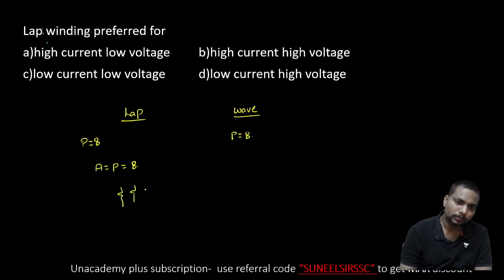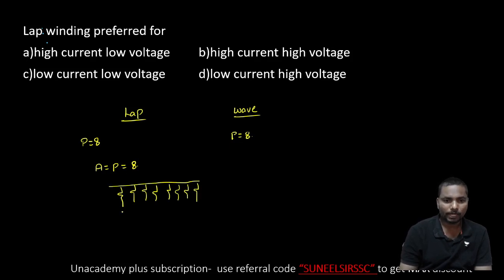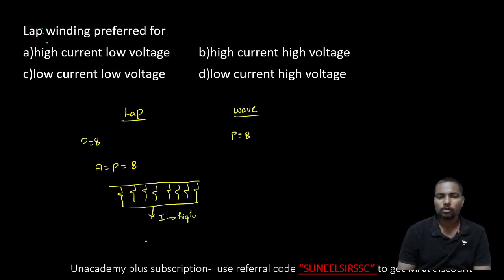So 1, 2, 3, 4, 5, 6, 7, 8. If you have 8 parallel paths, then what is your total current? The sum of all these. So there is a chance of high current. Each parallel path can carry less current only, but the total current will be high. So we can get maximum current from this lap winding. So it is preferred for high current applications.